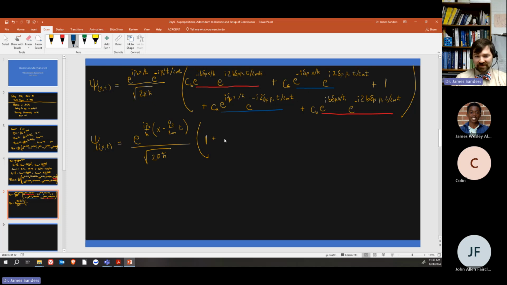The blue part looks like C_A times cosine of essentially delta P over h bar times x minus p naught over m times t.